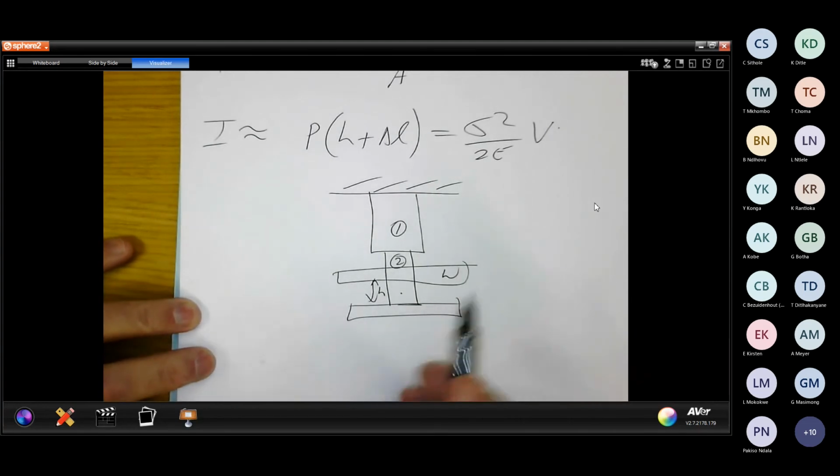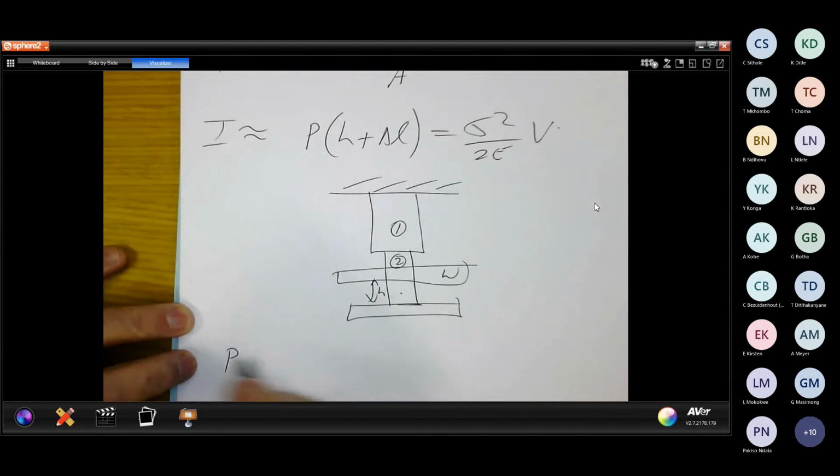Now, when I come to that, I will say my load times height plus, remember now with my potential energy, with this load there will be a change here and there will be a change here. But the change here and the change here will not be the same.